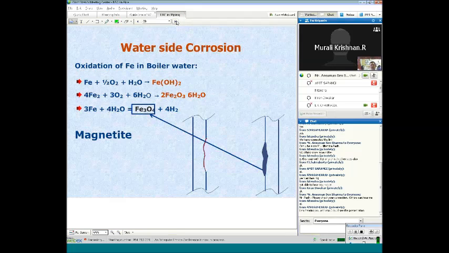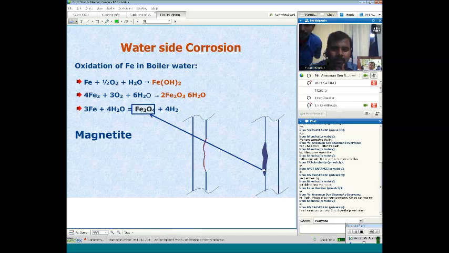And this is nothing but how the magnetite should behave. The magnetite is supposed to stay on the surface of the metal, forming a cake. Now, the conductivity of magnetite is definitely lower than the base metal, but it is not very low. You can say it is almost 1/48th of the conductivity of the metal.